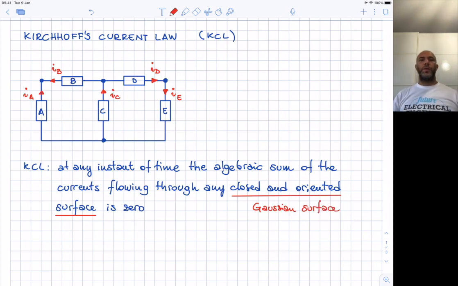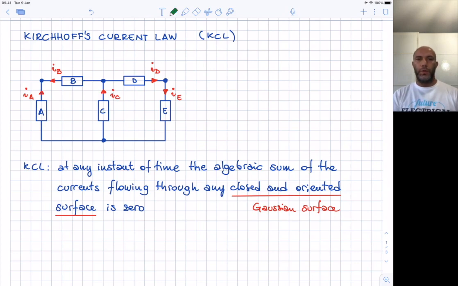A Gaussian surface is the boundary of a volume, so you can consider a generic volume, take the boundary of the volume, the skin of that volume, and for this specific surface you can define an arbitrary orientation, so you can define a unit vector pointed outwards or inwards.